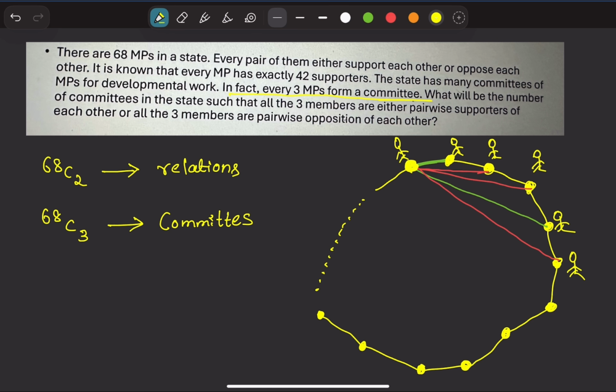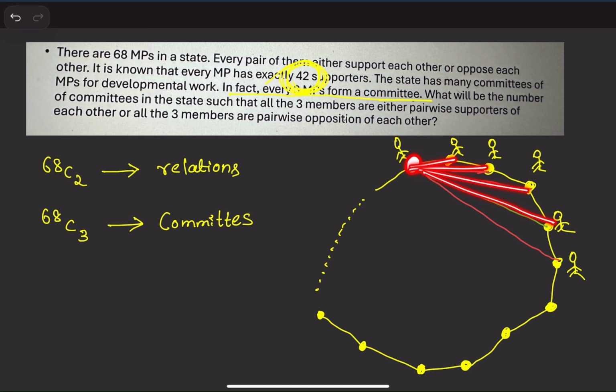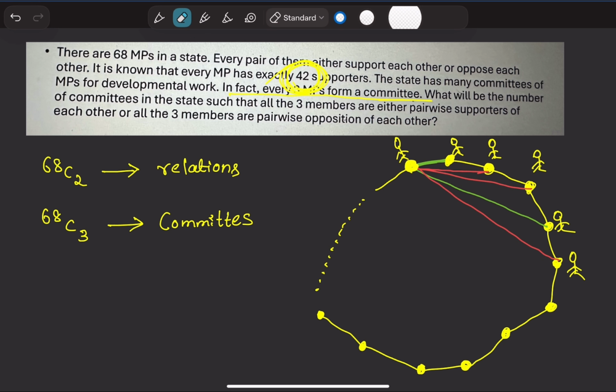Now I still have not explained to you what the question asks you to find out. So let us explore that. There is one more crucial piece of information given in the question. So there are 42 supporters. All right. Now if you consider this MP, we will be drawing a line that connects all the other MPs to this MP. So what will be the total number of lines we draw for each MP?